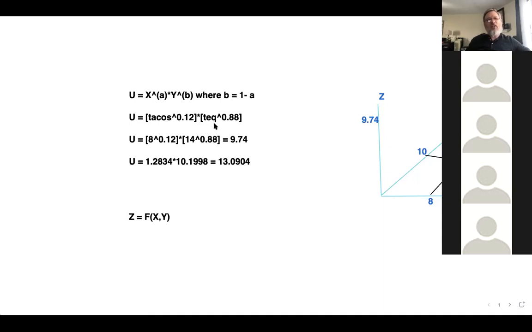And it's a really good question to ask, is that consistent? How well do Cobb-Douglas preferences describe consumers?